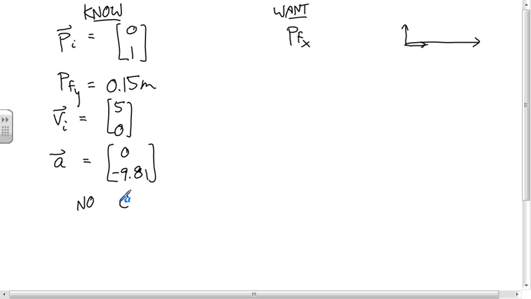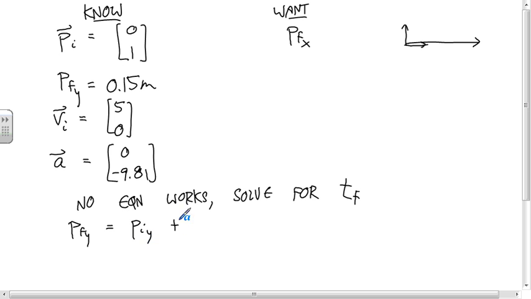So no equation works. And equation 2y works to solve for TF. So PFY is equal to PIY plus VIY TF plus 1/2 AY TF squared.